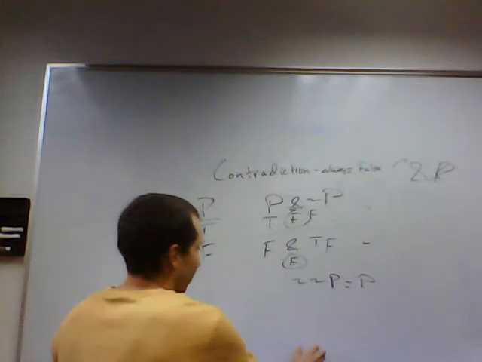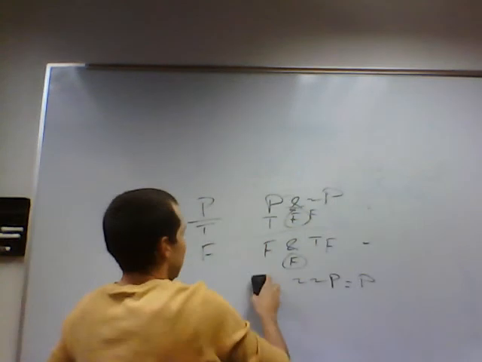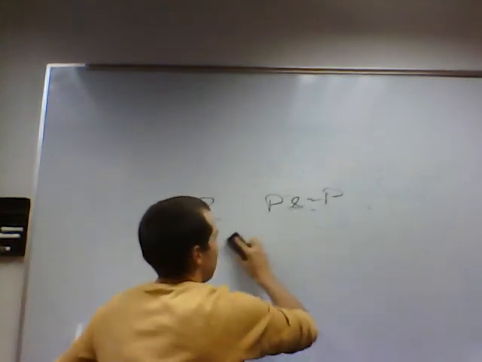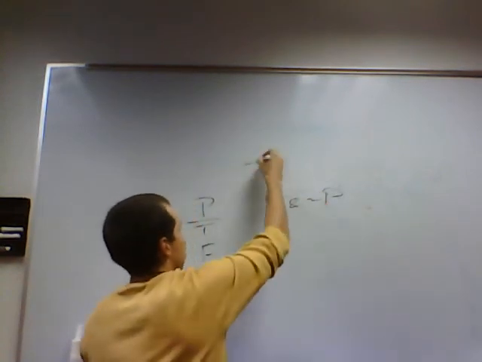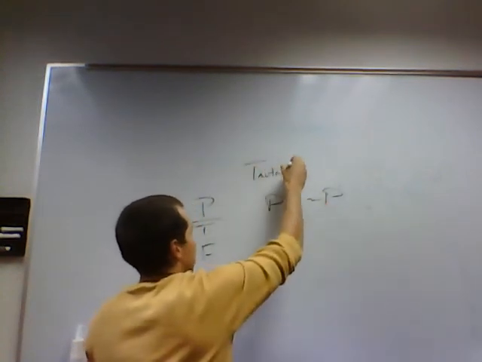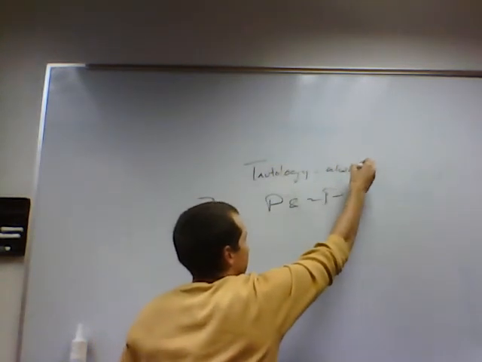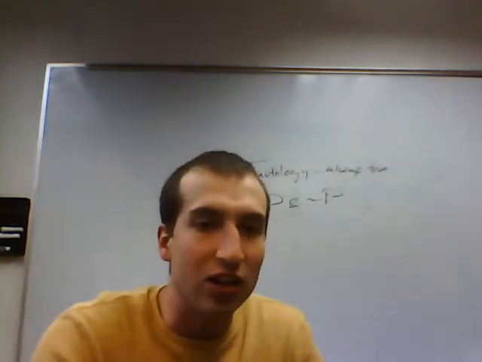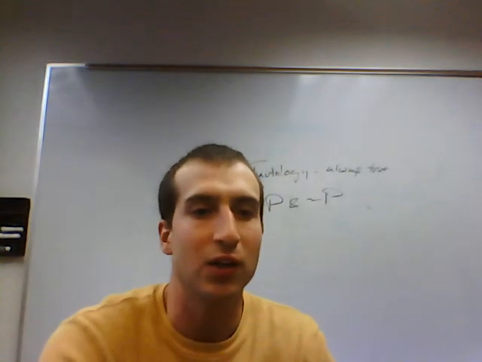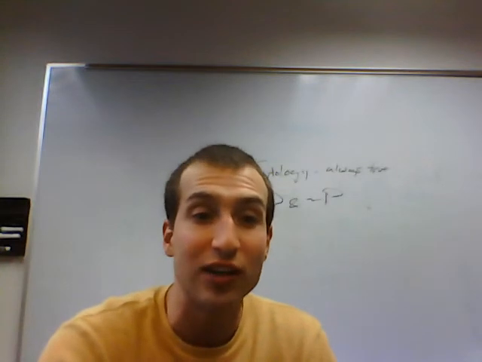So the opposite of a contradiction. So a tautology is always true. A tautology is also something that's a priori true.